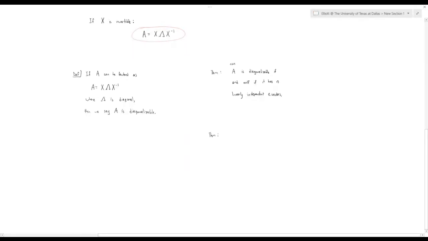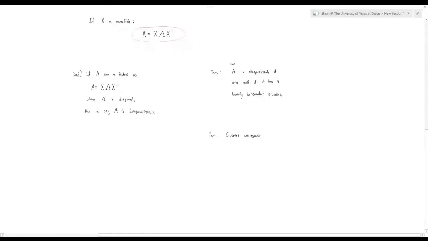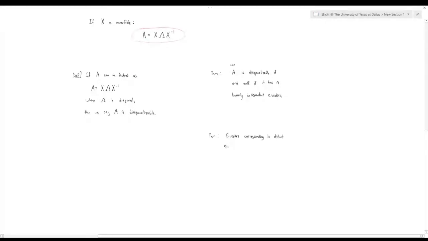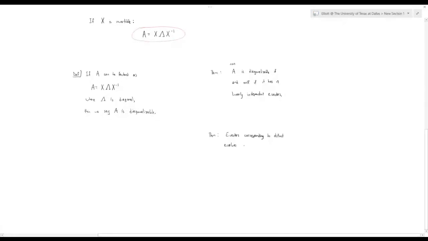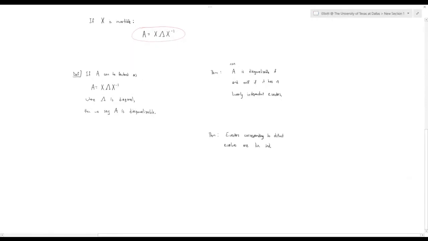Something that I think is useful to know is that the eigenvectors that correspond to distinct eigenvalues are going to be linearly independent. Okay? They are if they correspond to distinct eigenvalues.